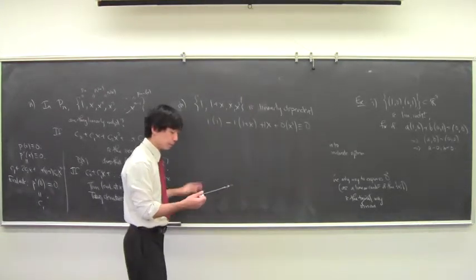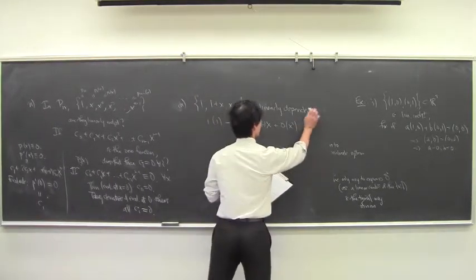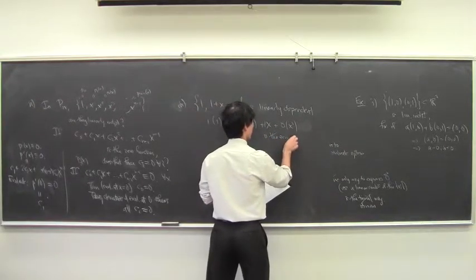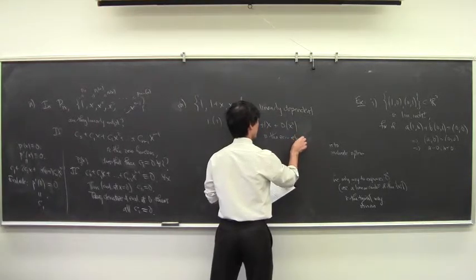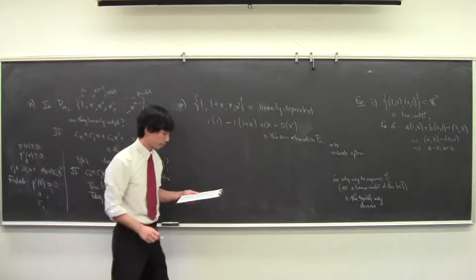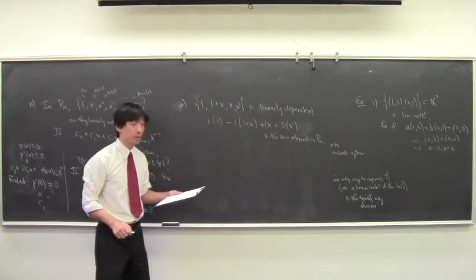So it is dependent. The 0 element. Right? The 0 polynomial.